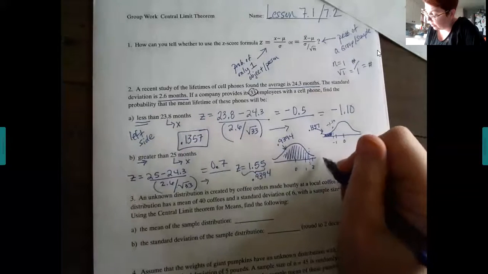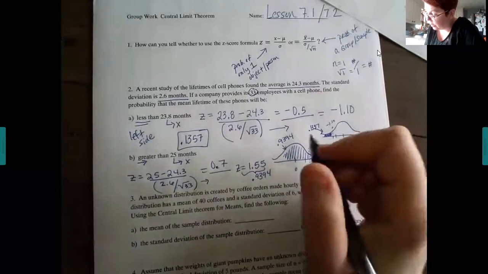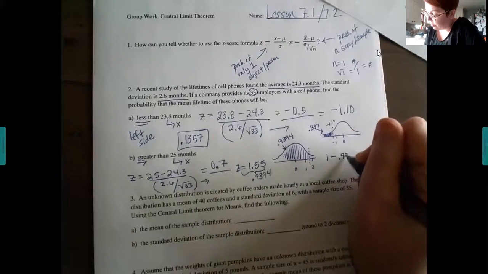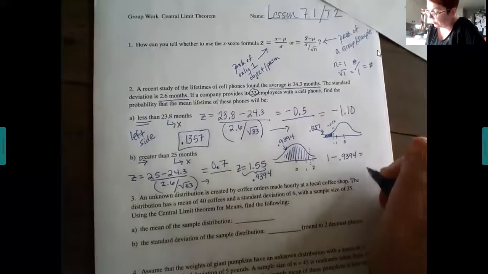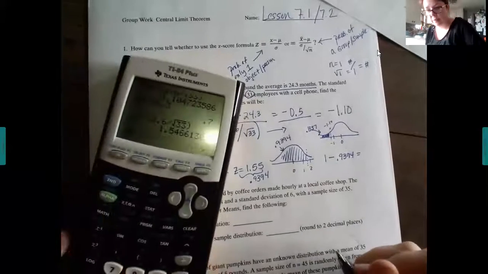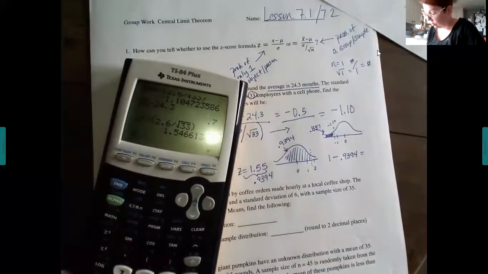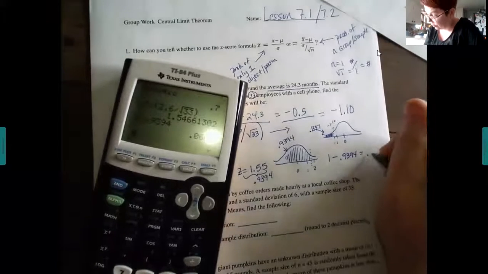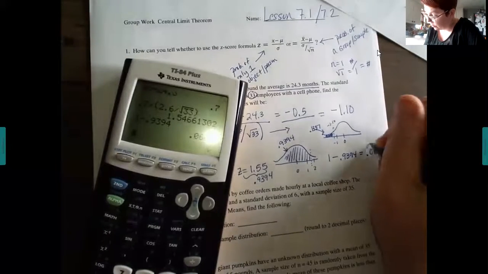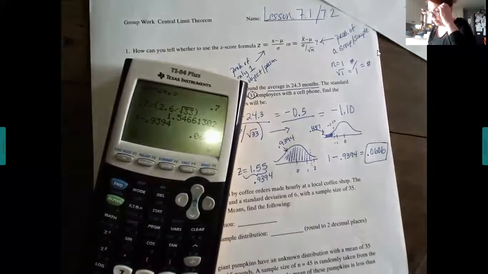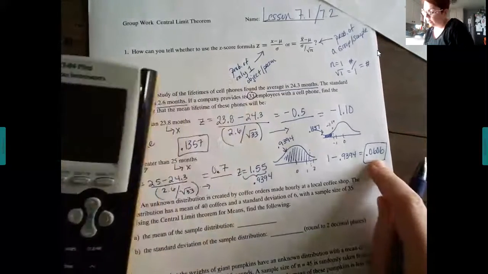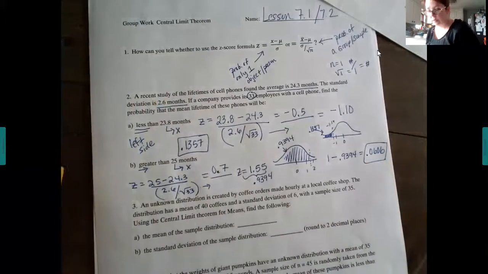So that means we're going to have to take 1 minus that probability to get the remainder. Again, you only do that if it's a greater than or a right side type of question. Okay, and so the actual answer will be 0.0606, so about 6%.